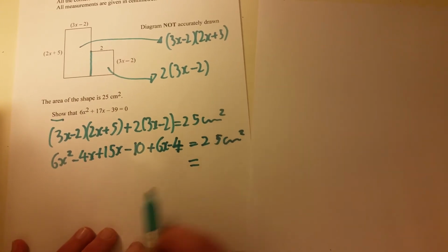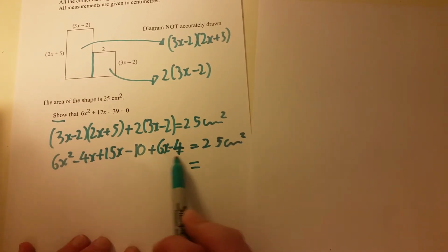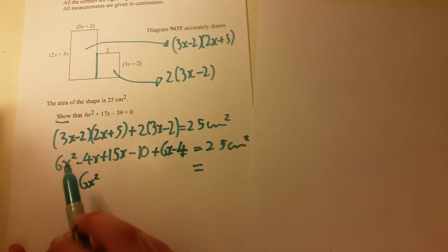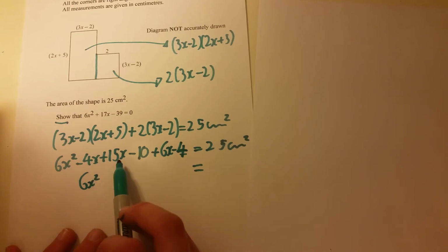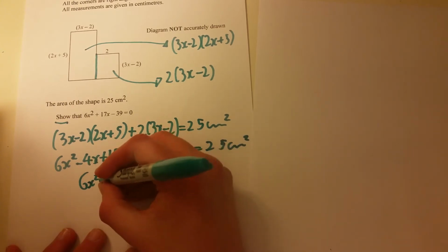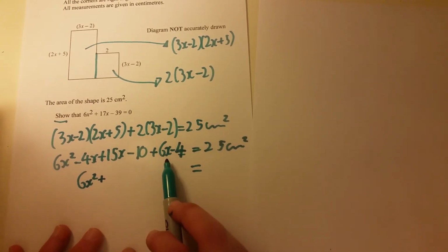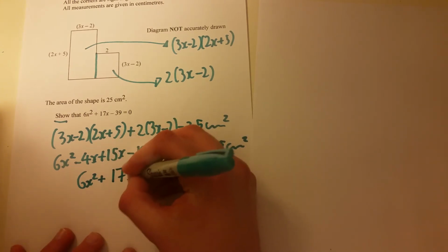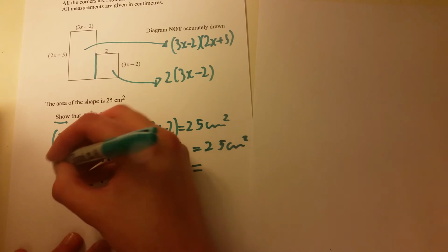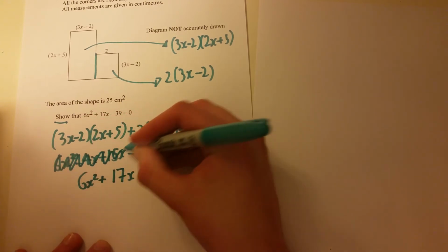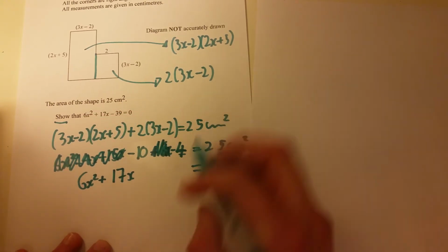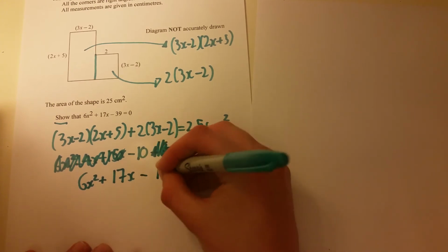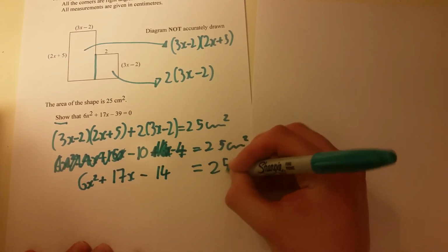You can simplify this further. So 6x squared has no other similar value, so this will stay the same. Minus 4x plus 15x is equal to plus 11x. There's also 6x here, so 11 plus 6 is 17. 6x squared plus 17x. Minus 10 minus 4 is minus 14. And this is equal to 25.